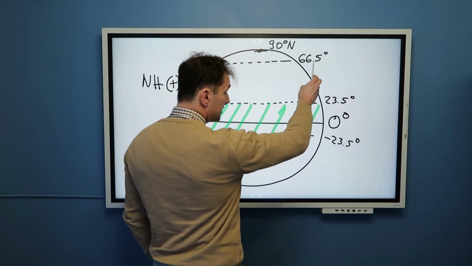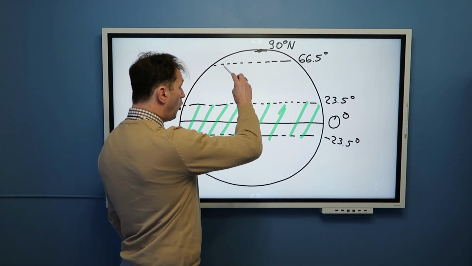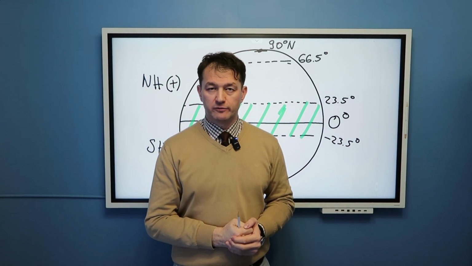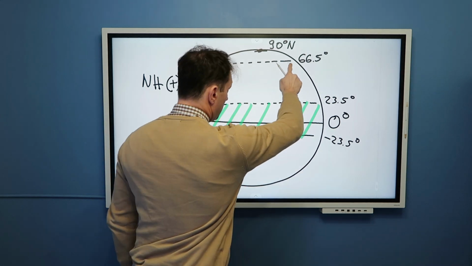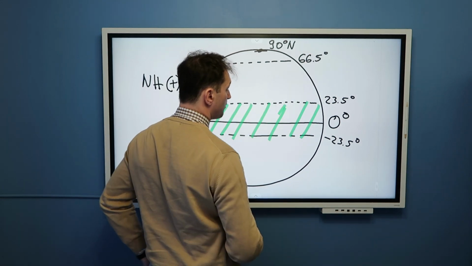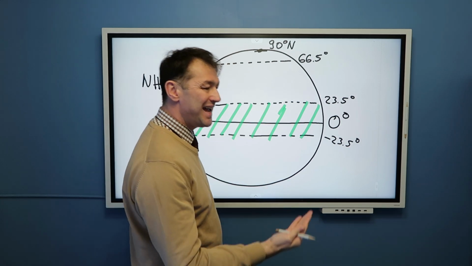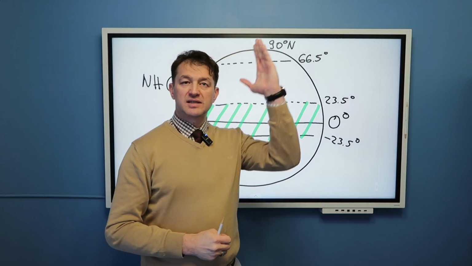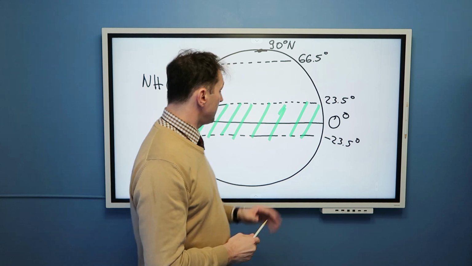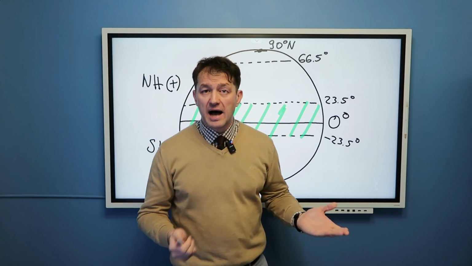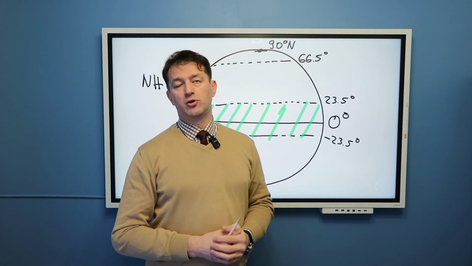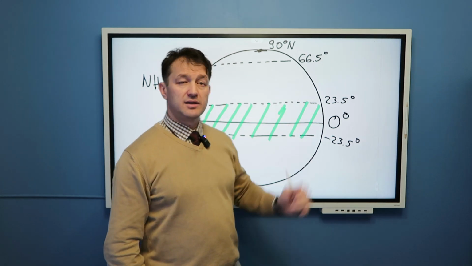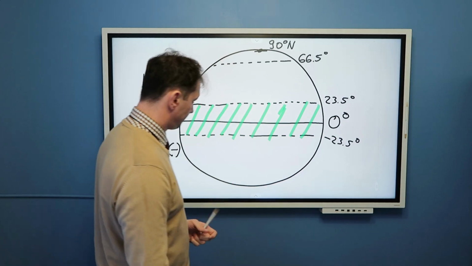And when we reach 66.5 degrees north, all latitudes north of this value will have 24 hours of daytime. In other words, this region north of 66.5 degrees will have polar day during the summer season in the northern hemisphere. The sun will be in the sky for 24 hours. In fact, of course, the sun will rise on the spring equinox on the 21st March, and it will not set for another 6 months.